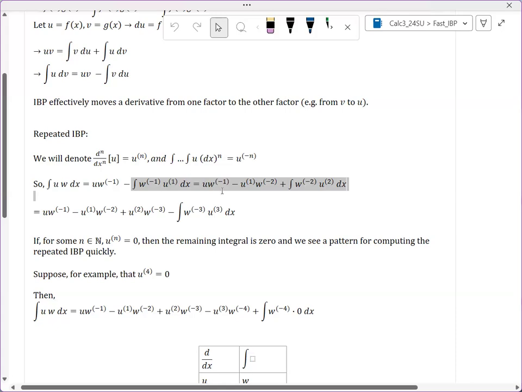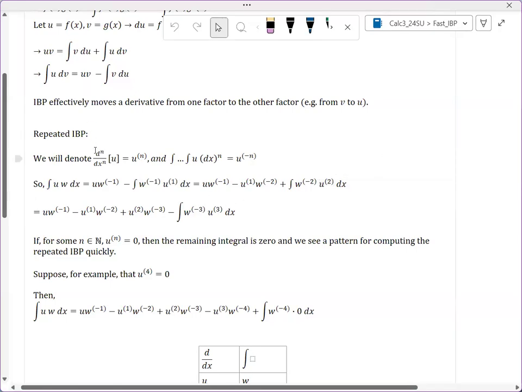So in our integral over here, w to the minus 1 becomes w to the minus 2, we took a derivative off of w. In other words, we anti-differentiated w, and we differentiate u, so u picks up a derivative. It goes from u superscript 1 to u superscript 2, the second derivative of u.